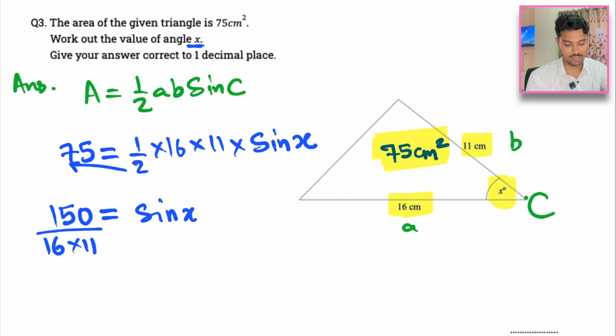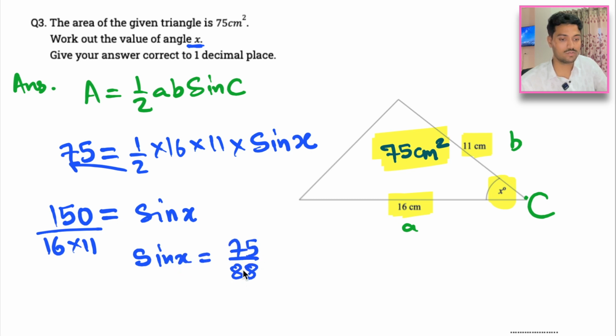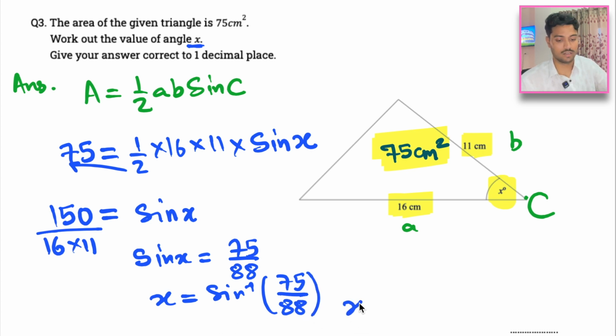So let's calculate this first. 150 divided by 16 divided by 11 is 75 upon 88. So I'm getting sine x equals 75 divided by 88. So x will be sine inverse 75 divided by 88, and that's how we'll get the value of angle x.